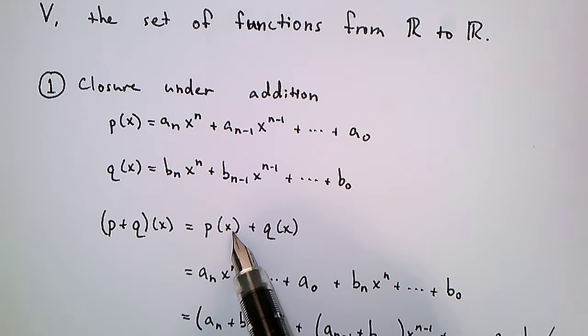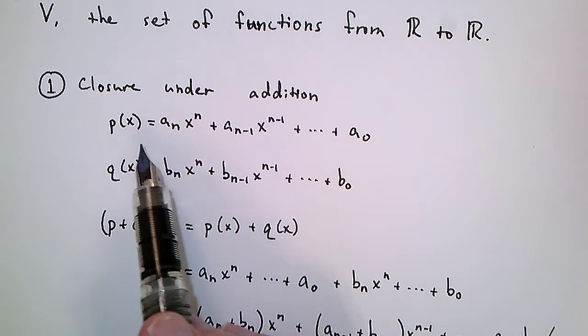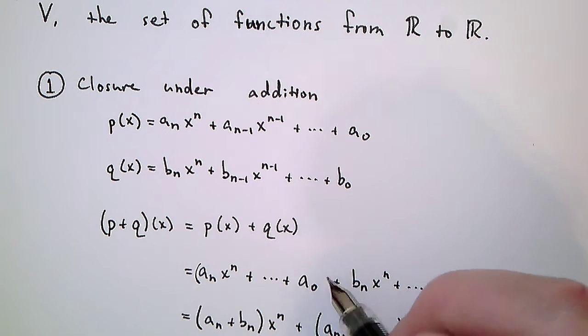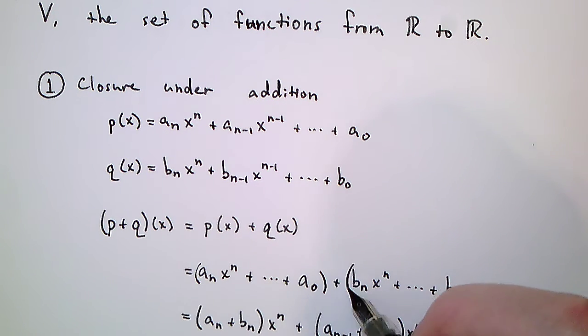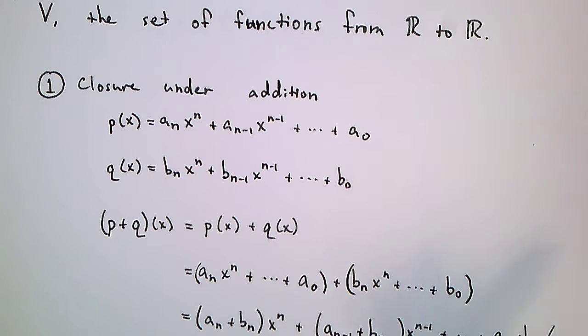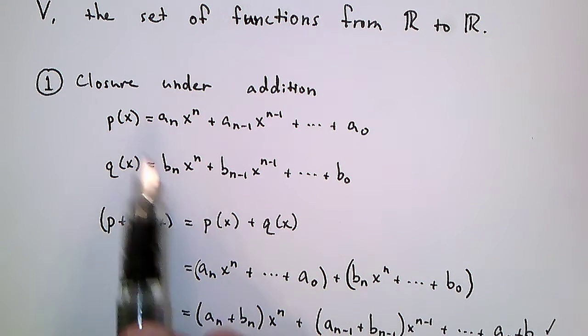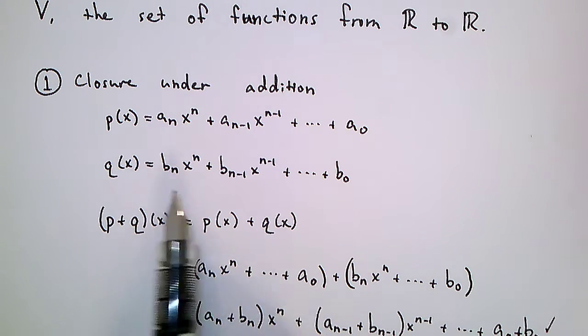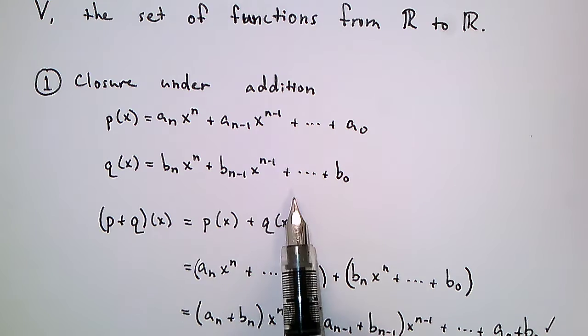So if we plug it into p, then we get this whole expression. We can add some parentheses around here, make this a little bit more clear what's going on. So this first set of parentheses is just the function p, and this second set of parentheses is from q.